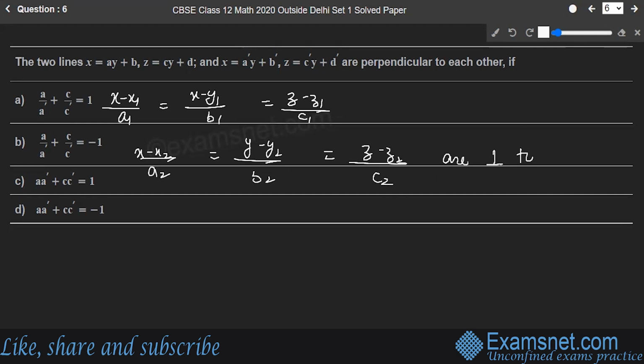They are perpendicular to each other if a1 into a2, b1 into b2, c1 into c2 is equal to 0.